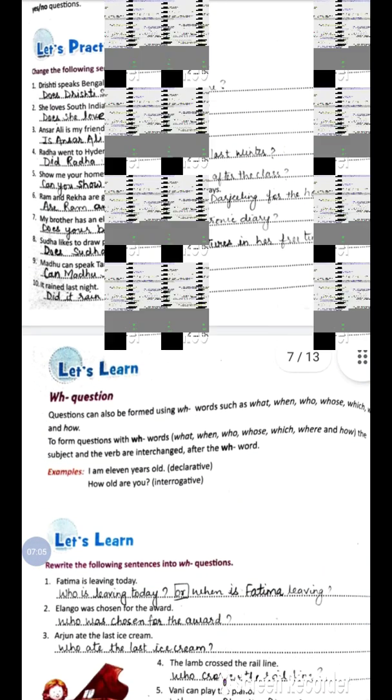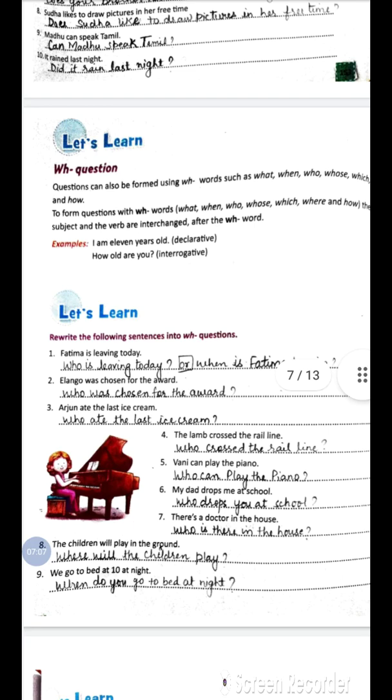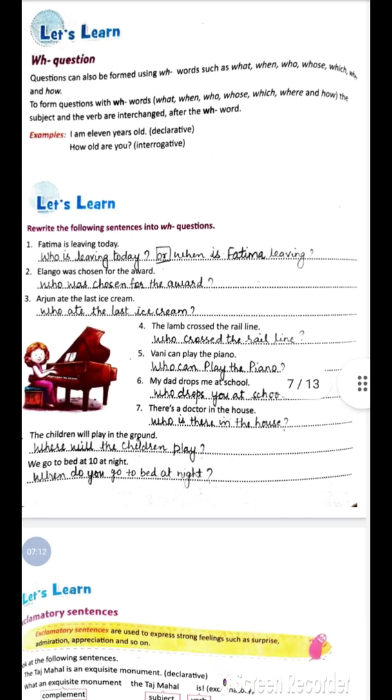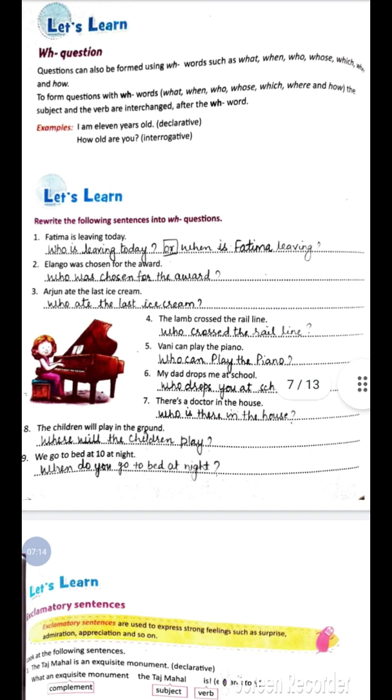Next is WH questions. Questions can also be formed using WH words such as what, when, who, where, which, and how. To form questions with a WH word, what, when, who, whose, which, where, and how, the subject and the verb are interchanged after the WH word.